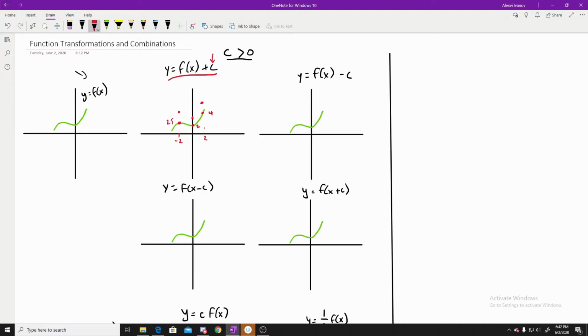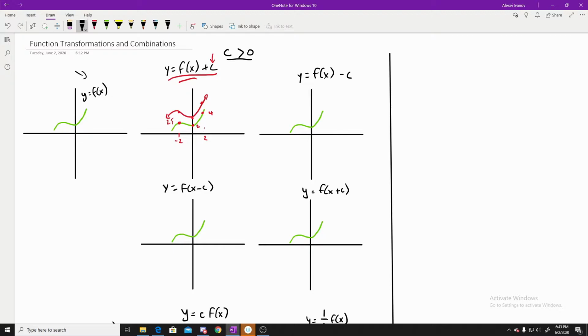Now if we look at it, this is starting to resemble the original function that we had. However, it seems that it has been moved up by this constant factor of c. So the new graph of f of x plus c will just be a copy of the original graph f of x, but moved up by some constant factor.